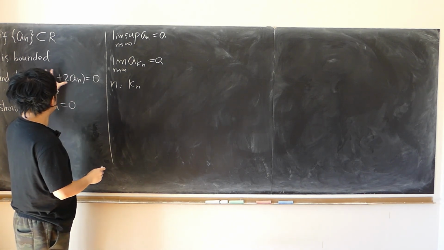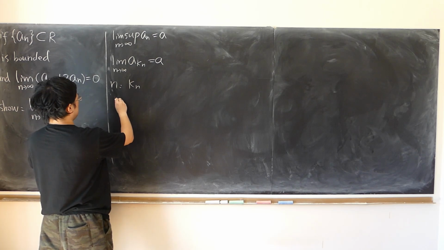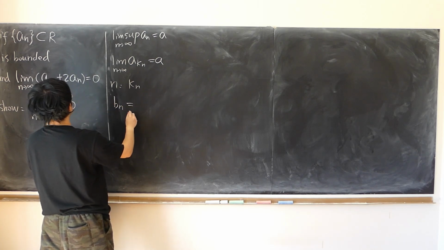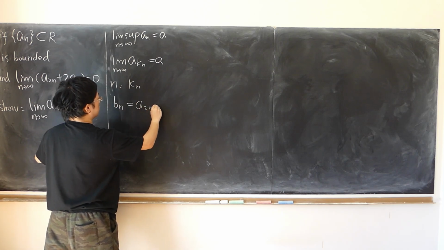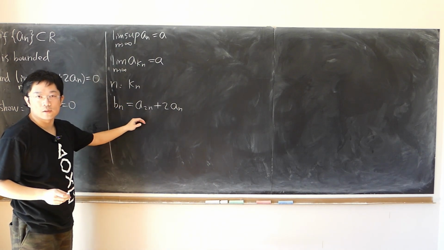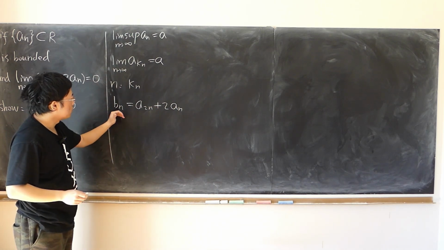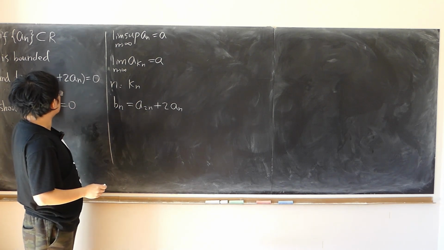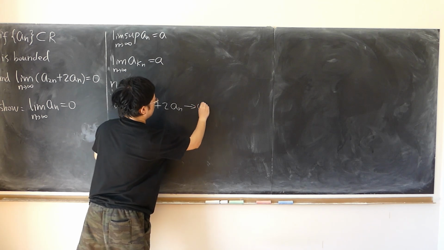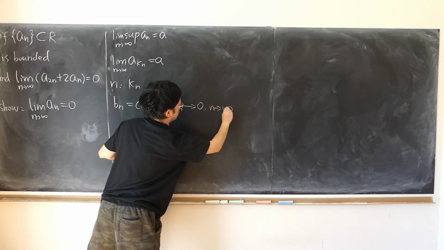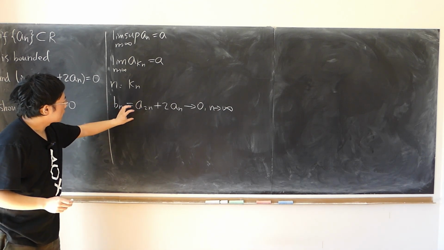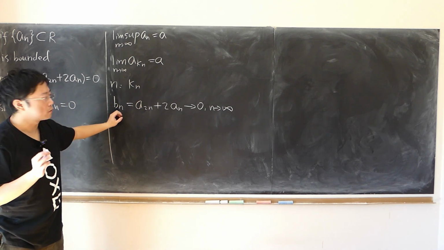Why? Because if I let b_n equal to a_{2n} plus 2 a_n, right? Call it b_n, a whole entity as a sequence, given to be limit, given to be 0. So what does that tell us? That tells us, like I said, I've just proved that result, right?